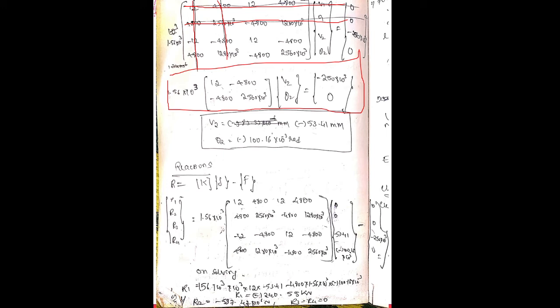You can observe here now, V2 we got negative, theta 2 also negative. What is the meaning of getting negative? Why have we taken V2 as positive here? Why did we take the upward direction?